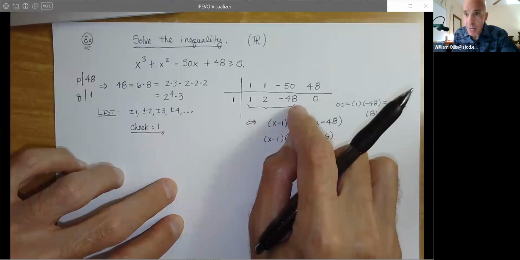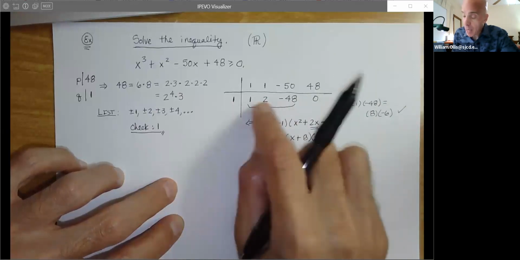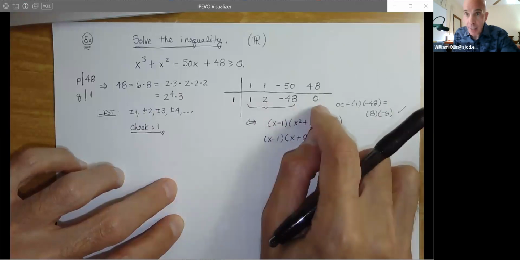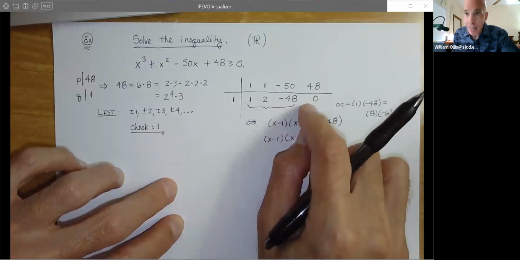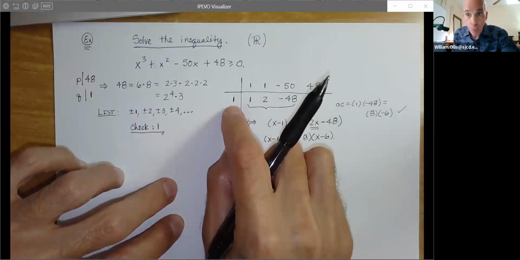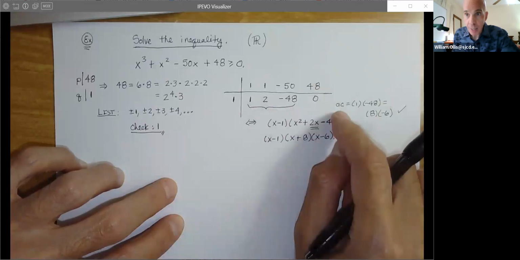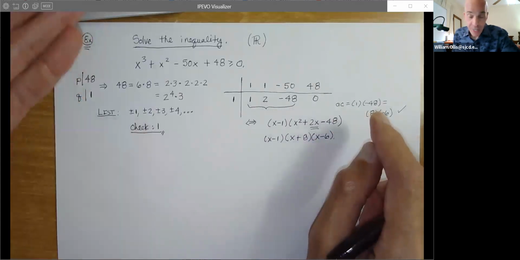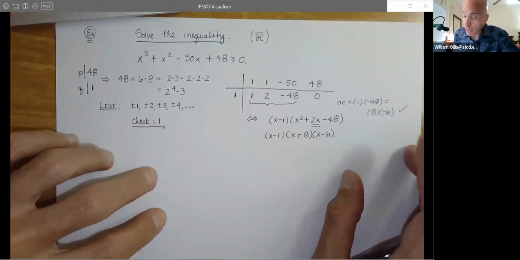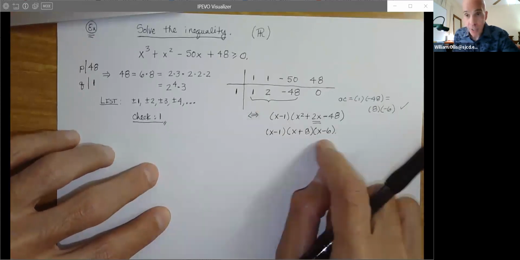This is not alternating, so we don't worry about that. We don't get a list of non-negative. So this is basically saying that right now, this is not considered an upper bound for the real zeros. So this would give us a reason to keep checking, for instance, just comparing to what we've already done. But since we hit the jackpot with the 1, we're done.